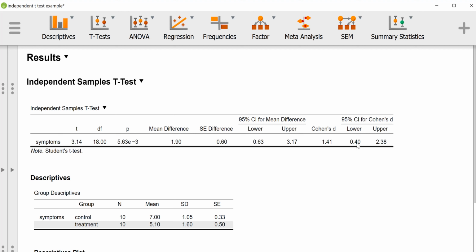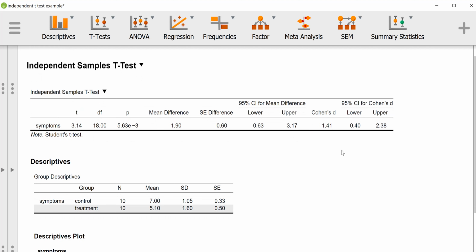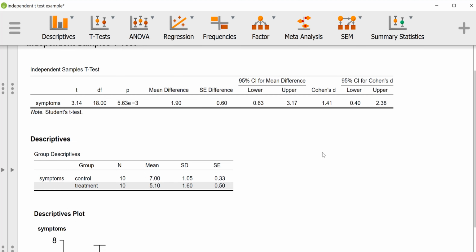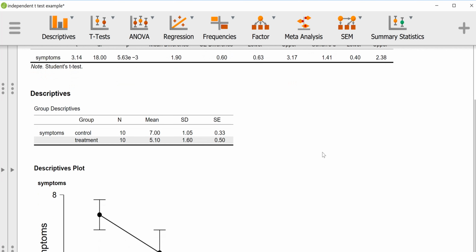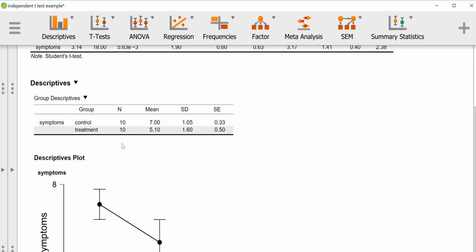So from medium, largish to enormous. So we have evidence to suggest that there is an effect of the treatment, but we're not really sure about the strength of that effect. But we're able to rule out 0 with some confidence.